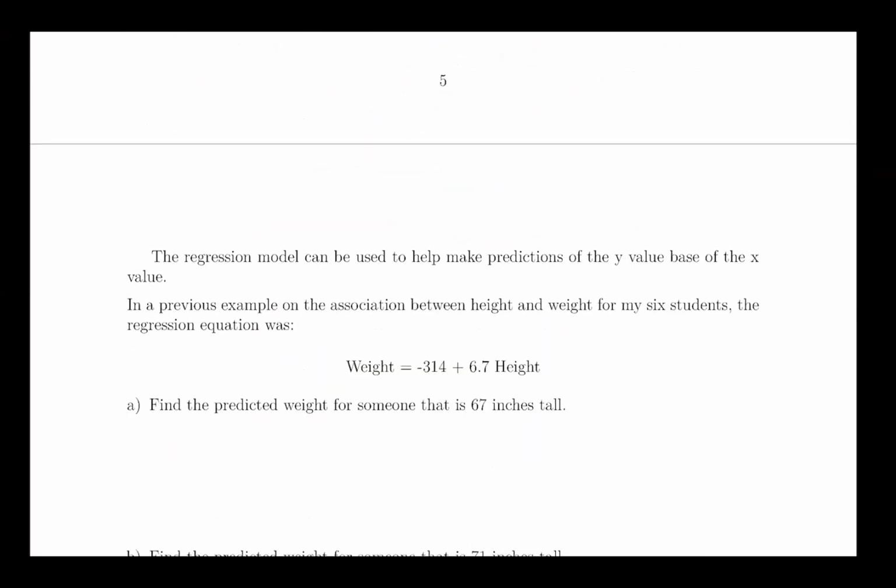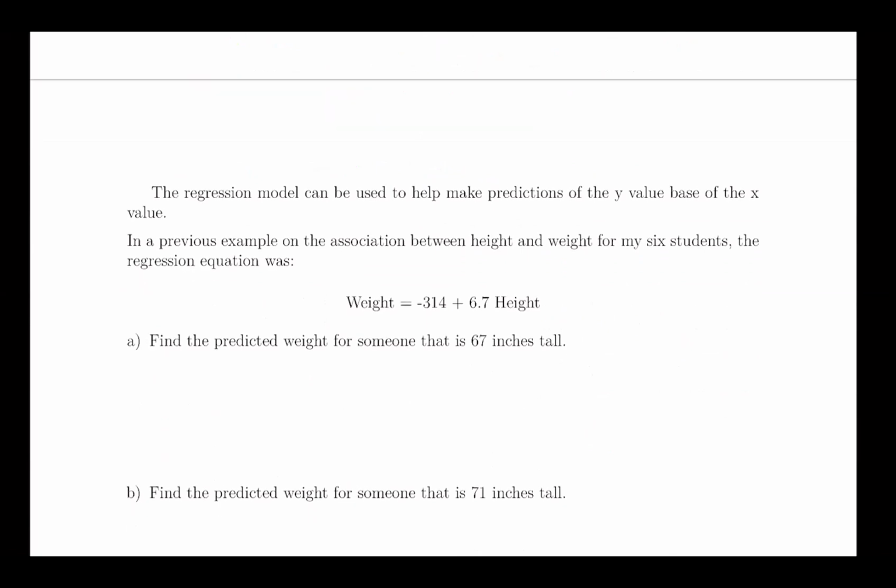So now we're going to go ahead and make predictions. The whole point of the linear model is that we want to use it to make predictions, for data we don't have. For part A, it says find the predicted weight for someone that is 67 inches tall.